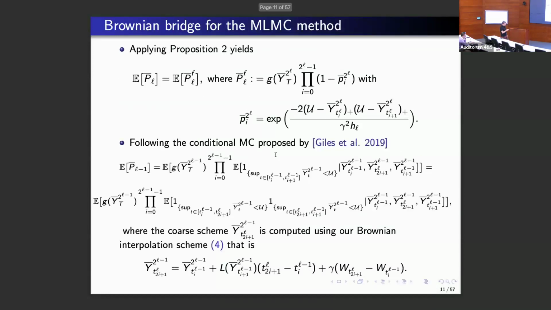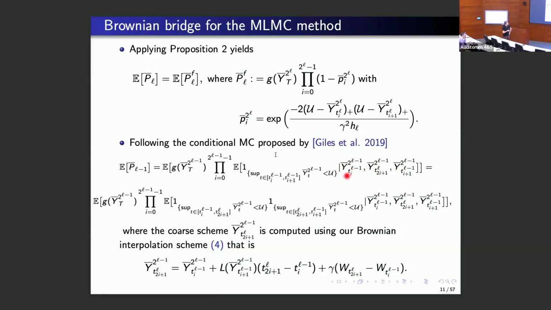However, Mike, in a 2019 paper, not too recent, proposed for the coarse scheme to use an extra conditioning point in order to get the product. Here you have the coarse grid.